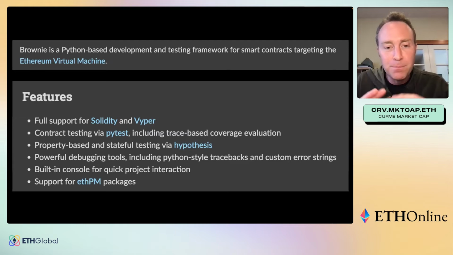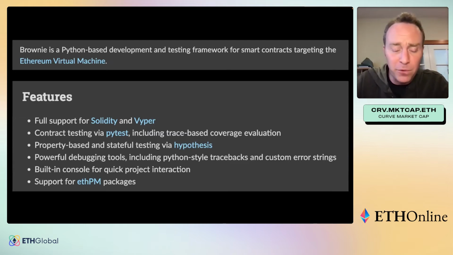It can do many things that you need to do for building out tests for your contracts, including property-based and stateful-based testing using Hypothesis. And then there's a bunch of great debugging tools built into it. So it's an incredibly robust framework for testing a lot of these DeFi applications that are built using Vyper.